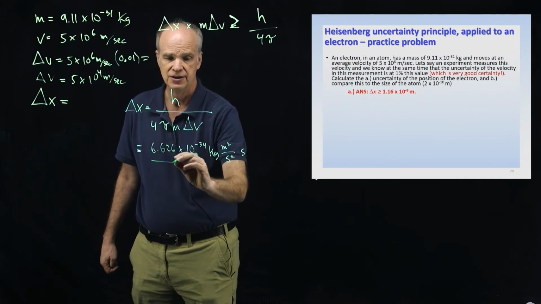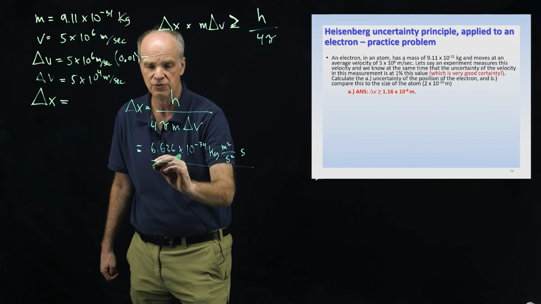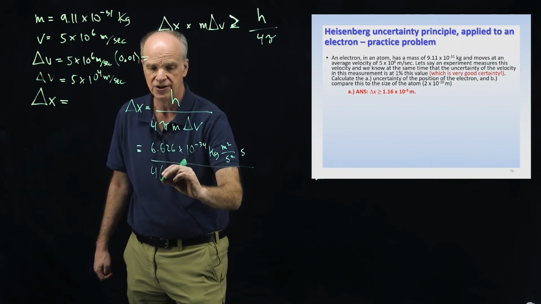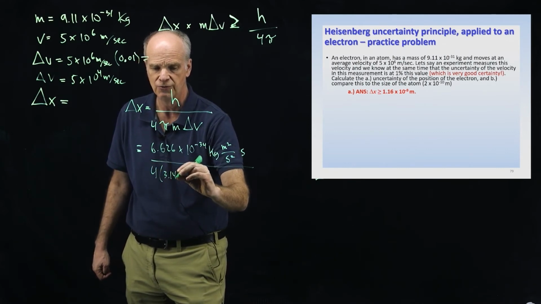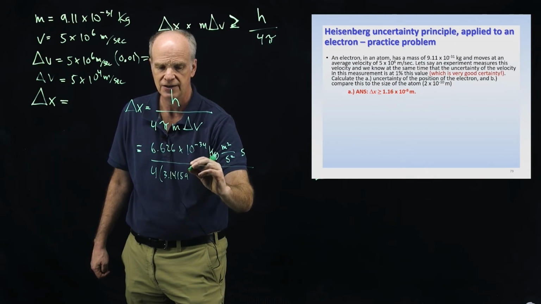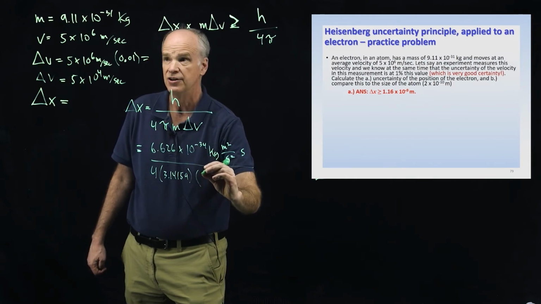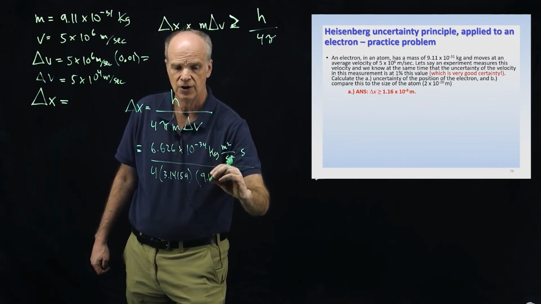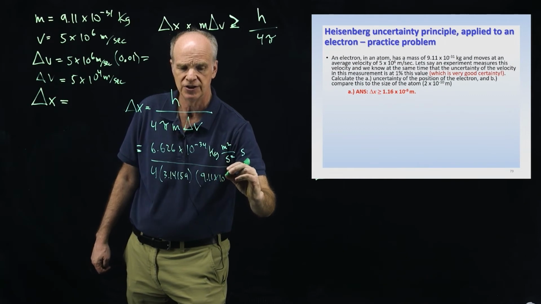And then in the denominator we have 4 times pi, which is 3.14159. Mass is 9.11 times 10 to the negative 31 kilograms.